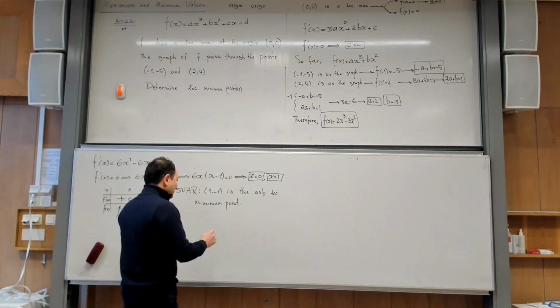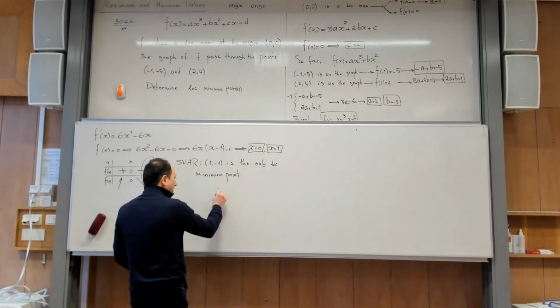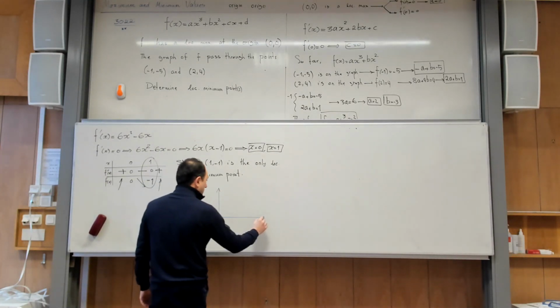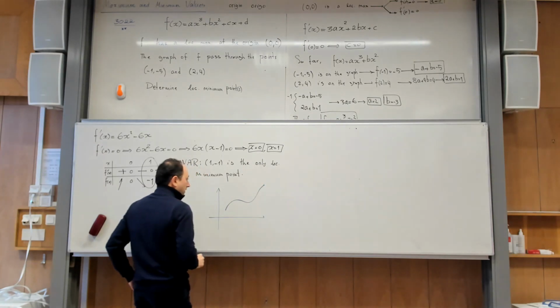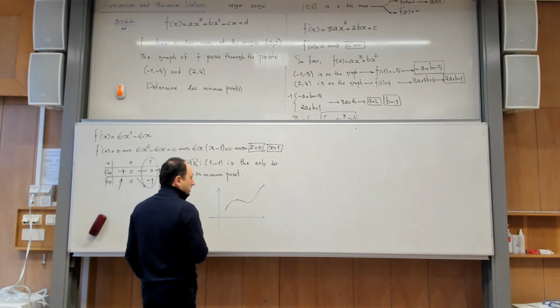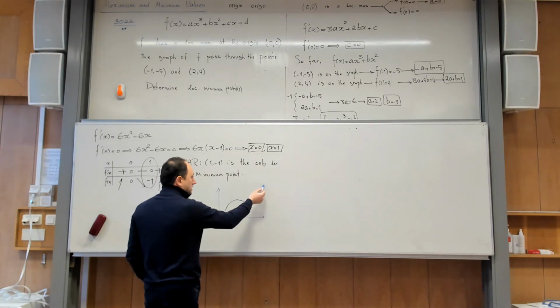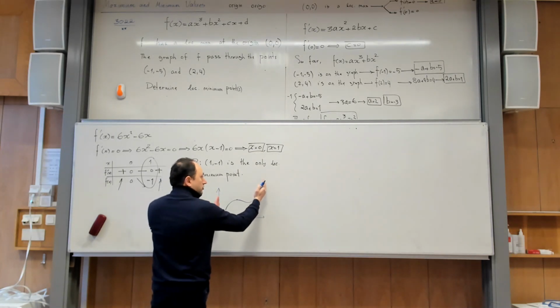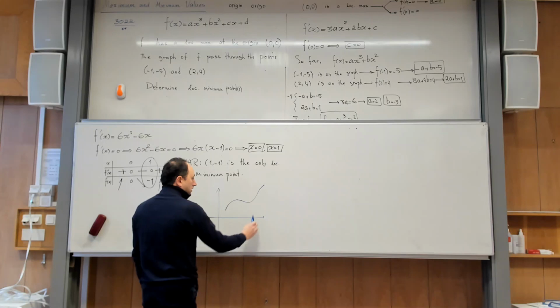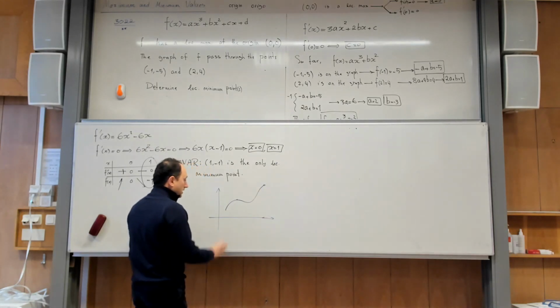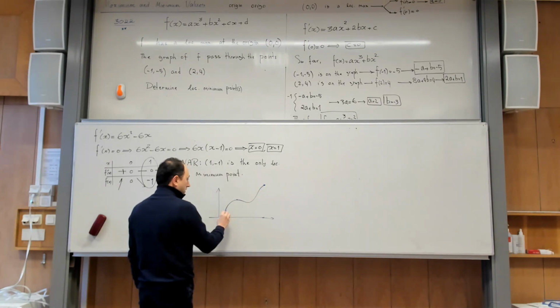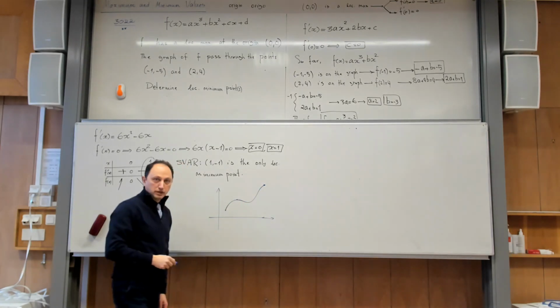For example, if I have this function, this point is a local maximum, but it is clear that this one, if it terminates here, then this would be your maximum, yes? And this would be your minimum, even though this one is also a local minimum, yes?